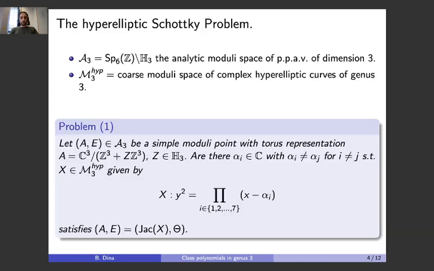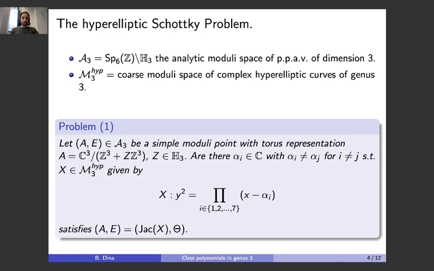Before introducing the first problem on the way to solving our main problem, we denote by A3 the moduli space of principally polarized abelian varieties of dimension 3, as well as by M3 hyp the 5-dimensional coarse moduli space of hyperelliptic curves of genus 3.